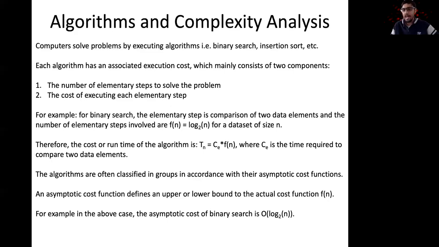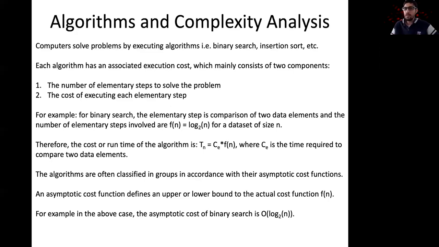The reason is that the CE part of the time is highly dependent on the hardware, right? F(n) inherently comes from your algorithm. You have designed the best algorithm that can solve the problem. You know exactly how many steps are needed, and that gives you an F(n) function, right? But the CE part, the actual time to do the elementary step, comes from the hardware.